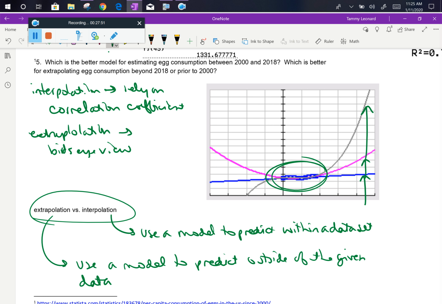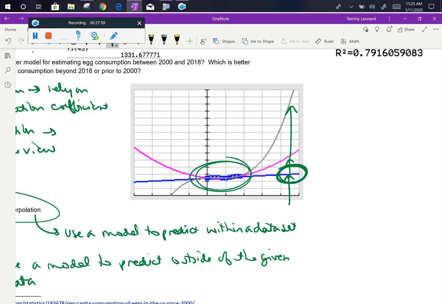Because in the big picture view, it's less susceptible to the whims and the small fluctuations. I would be much more likely to believe a value out here for the year 2045 than a value way up here. It just doesn't seem realistic.